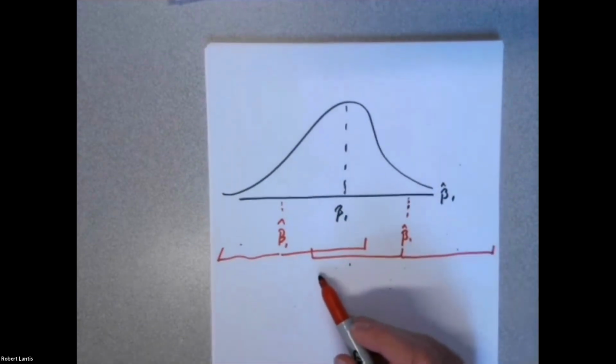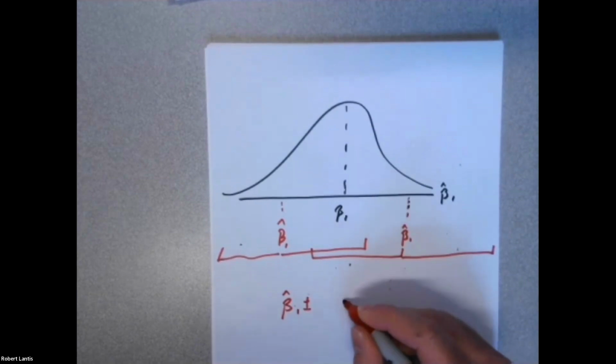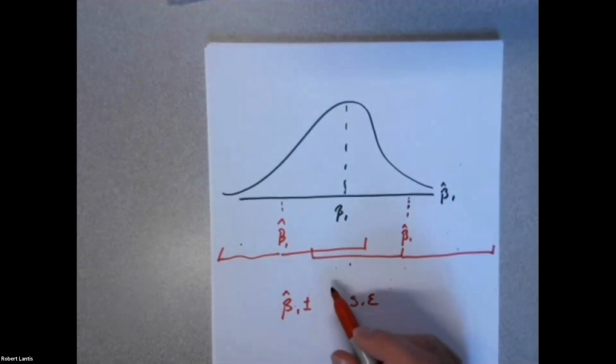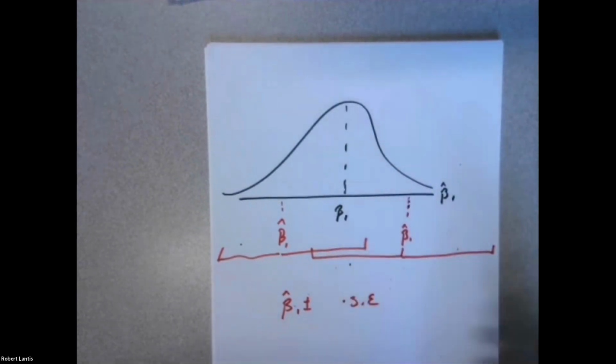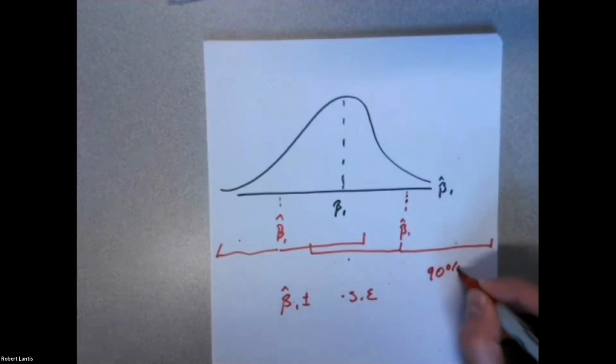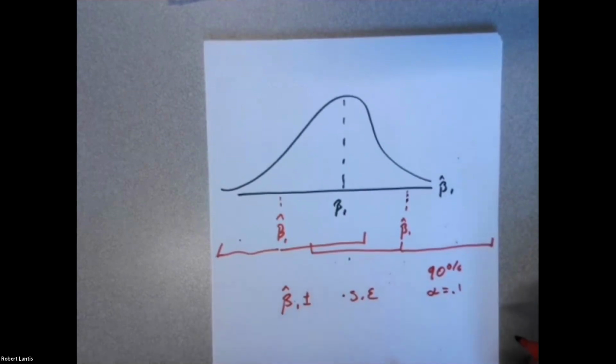In building this confidence interval, remember, how do I do that? I go a certain number of standard deviations. What's the standard deviation of my coefficient estimates? My standard error. I go a certain number of standard deviations to the left and the right, whatever confidence level I'm choosing. So here I'm going to say, let's build a 90% confidence interval. That would correspond to an alpha of 0.1.